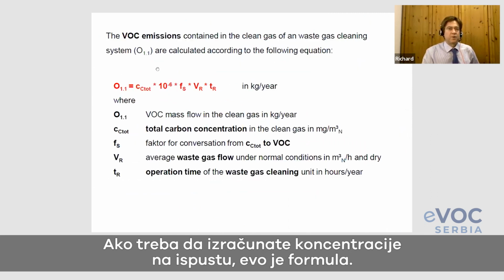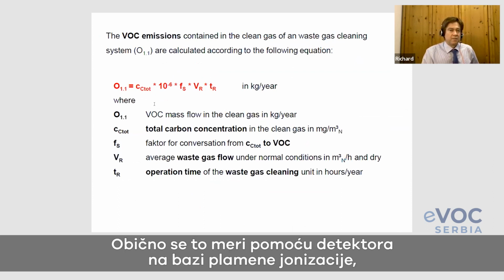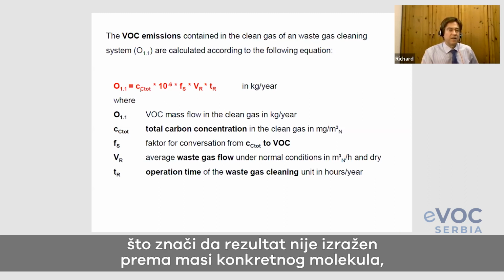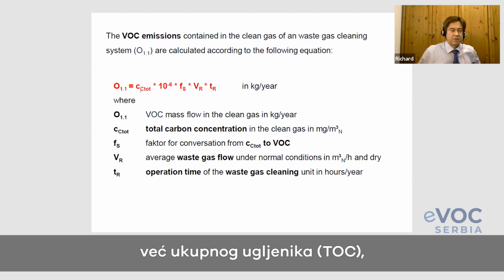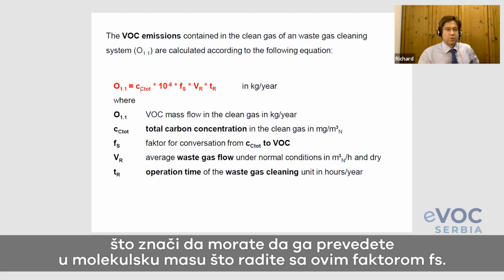If you need to calculate the concentrations coming out from the stack, here is a formula. Normally you measure it by a flame ionization detector. That means you do not get the molecule, you get only the mass concentration as if it were total carbon. So you must convert it to the molecular weight, and that's what you do with this factor Fs.